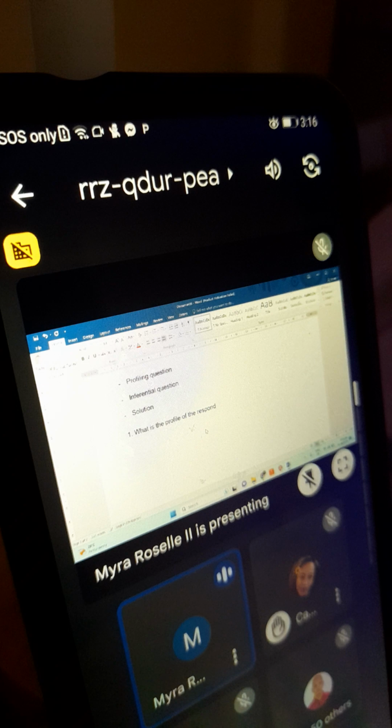What is the profile of the respondents in terms of 1.1, age? Age, if age is relevant and significant to your study. If it is not relevant or significant, do not include age.